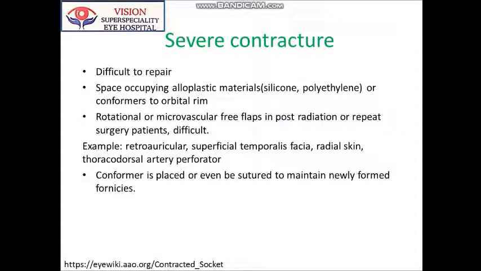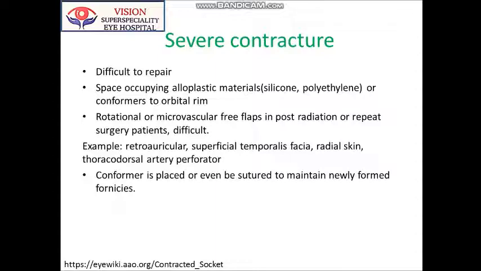Severe contracture is difficult to repair since the contracted sockets have little to no residual conjunctival lining. However, they can be managed with space-occupying alloplastic materials like silicone and polyethylene or conformers fixed to the orbital rim. Now, this conformer tends to push a graft against the posterior orbit recipient bed while counteracting the forces of contraction during scarring.